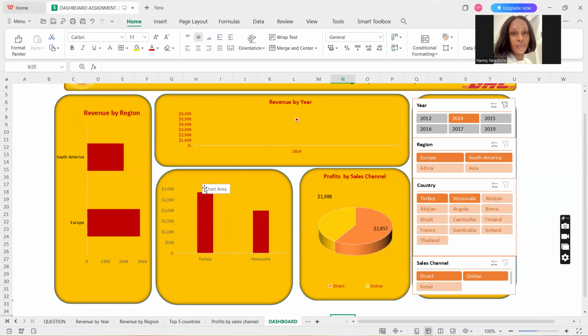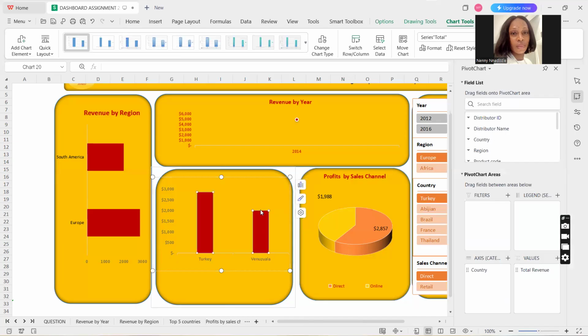Turkey is in Europe. So they made a profit of 2,857, while Venezuela made a profit of $1,988.